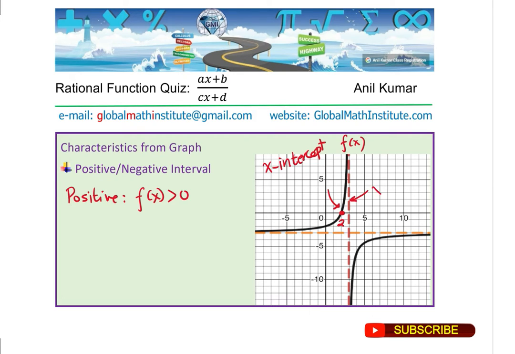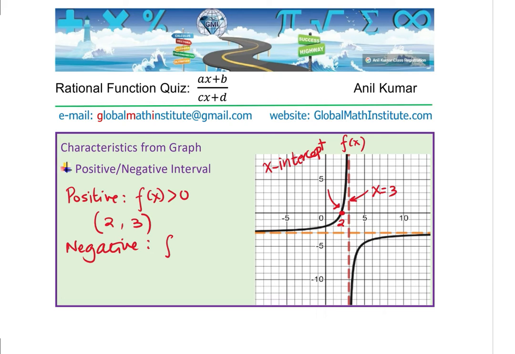Because this line is x equals to 3. So it is increasing from 2 to 3. You get the idea. And how about it is positive in this interval? Other interval, it is negative, right? Negative means that the value of this function is less than 0.